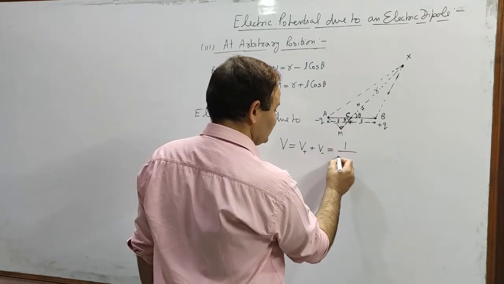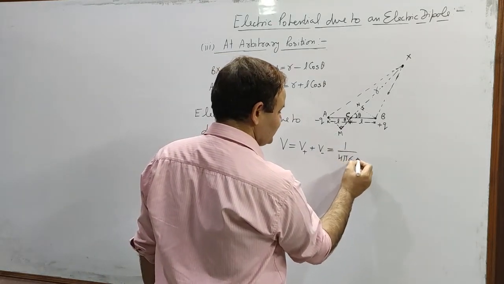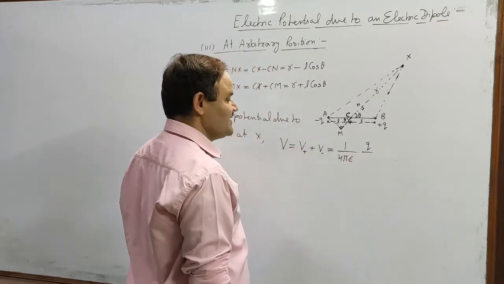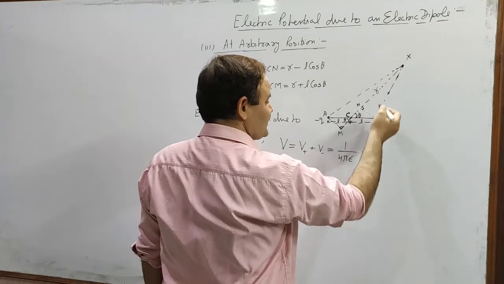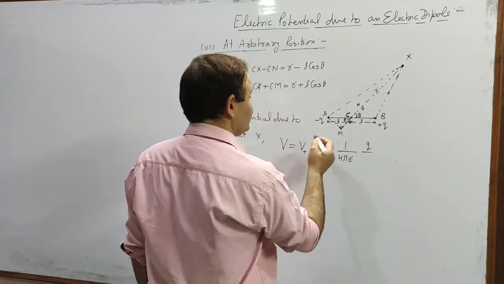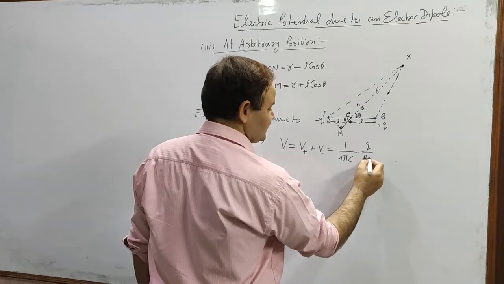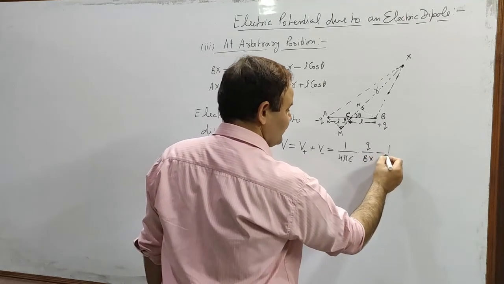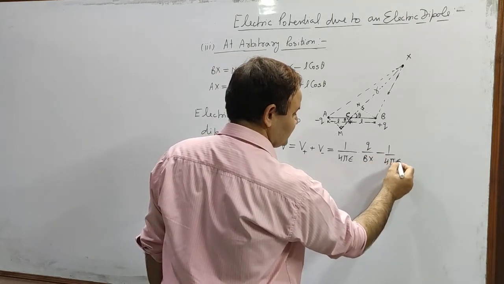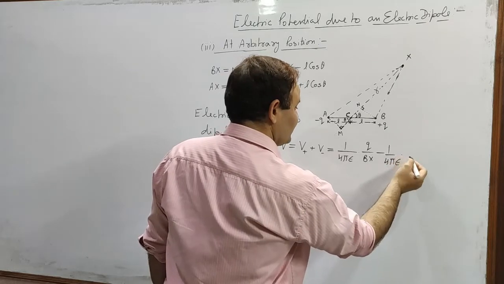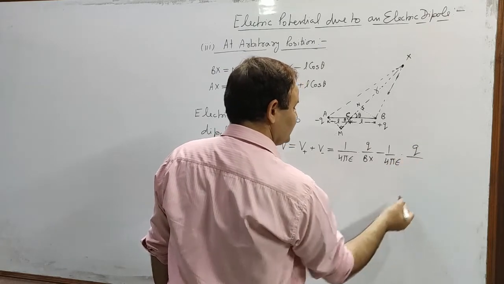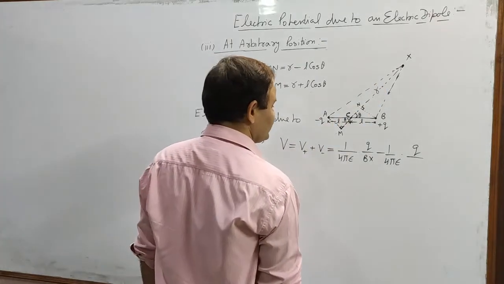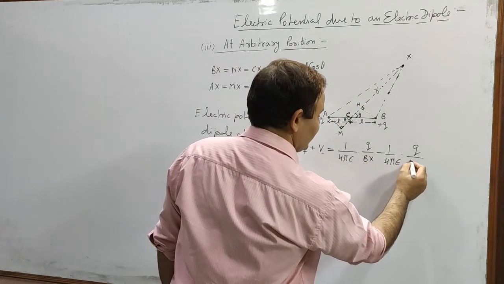So 1 over 4 pi epsilon q upon distance, and distance of x from positive charge is bx, minus 1 over 4 pi epsilon into q upon distance of negative charge from x, that is ax.